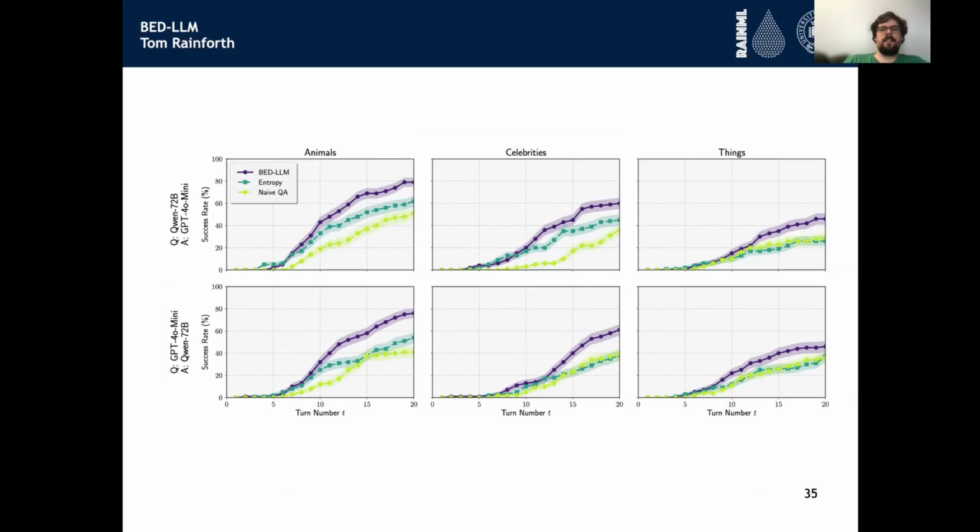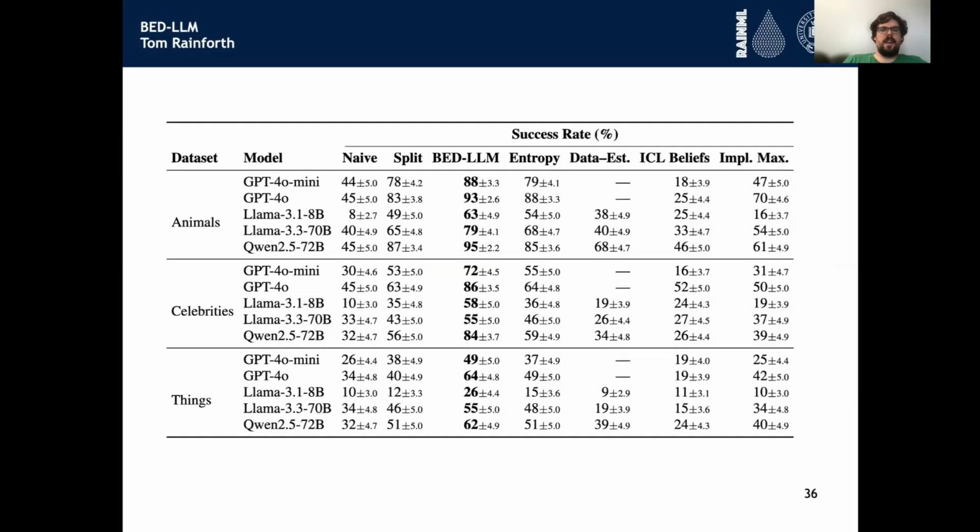But we can also test the model-misspecified case by having a different answerer to the one used in our BED-LLM setup. And we find that the gains actually get quite well maintained here. In general, everything does a bit worse, but it's still very much the case that the BED-LLM approach does a lot better.